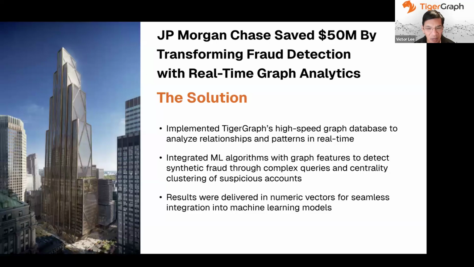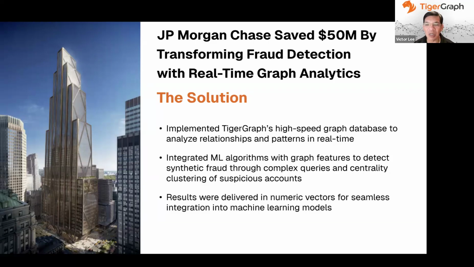So they turned to us and they realized that graph analytics would be the answer, because graph lets you see those connections. And if you have a native scalable graph like TigerGraph, you can analyze those connections very, very fast. By using TigerGraph, they integrated some of those analytics into their existing machine learning algorithms to give them additional graph features, which were more insightful, giving them a deeper look into what's happening, adding that to their machine learning training.